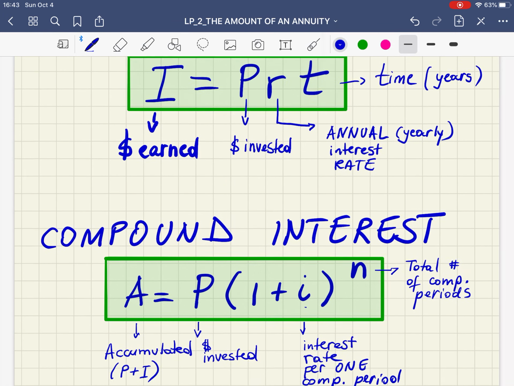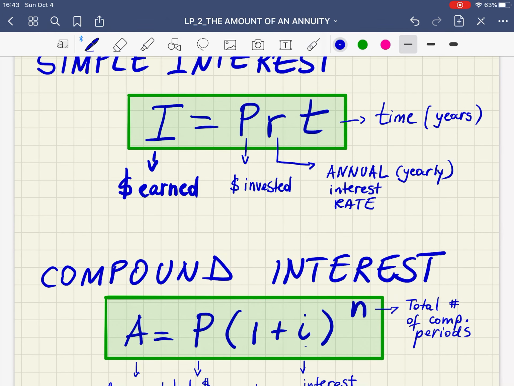Now, one thing that we emphasized a lot is the fact that in a simple interest investment, the principal remains the same and the interest earned year after year remains the same as well. So they remain constant throughout the time of investment.